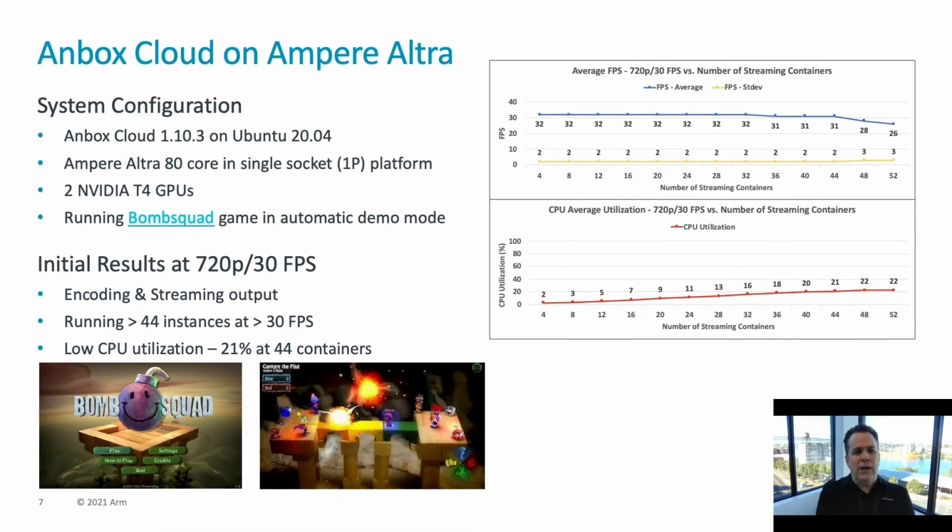At 44 containers, we're only running at 21% of this 80-core single socket product. And the other thing is that the performance is basically linear as you increase the number of instances. In earlier slides I was talking about how consistent performance is critical for Ampere when we design the product, so it's great to see that when we're actually running the product, we are in fact getting consistent performance.